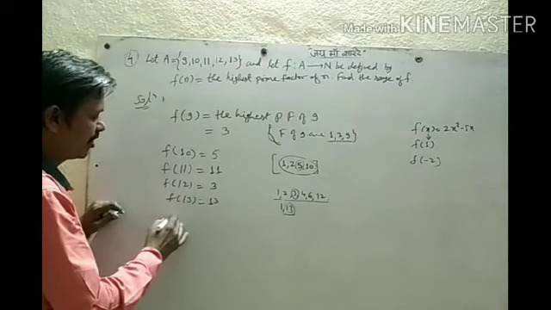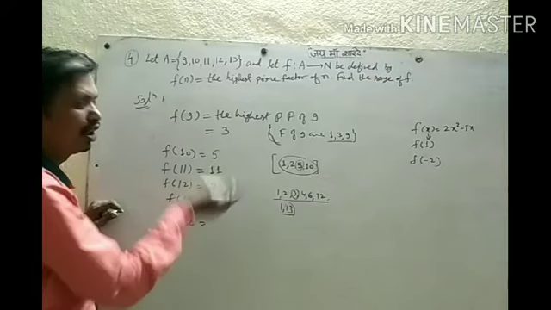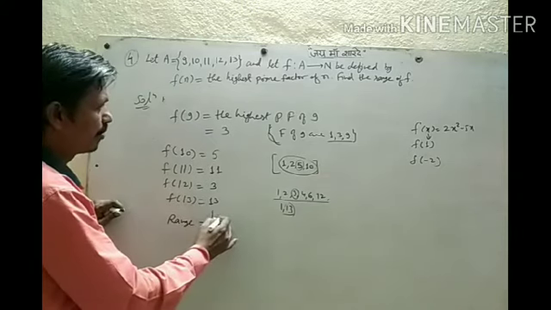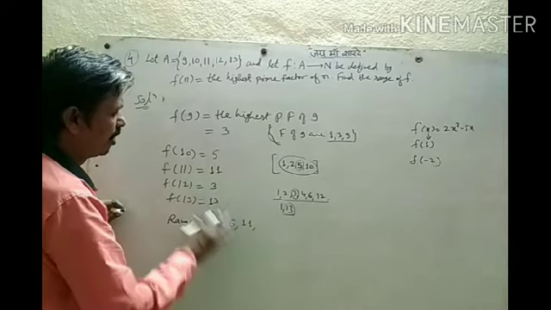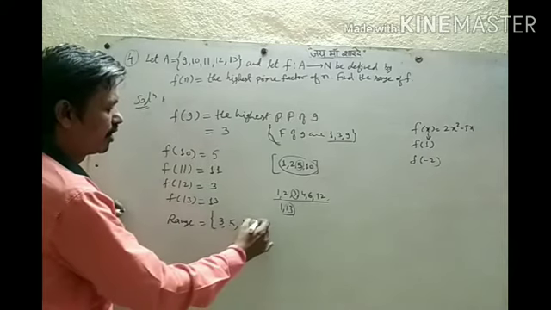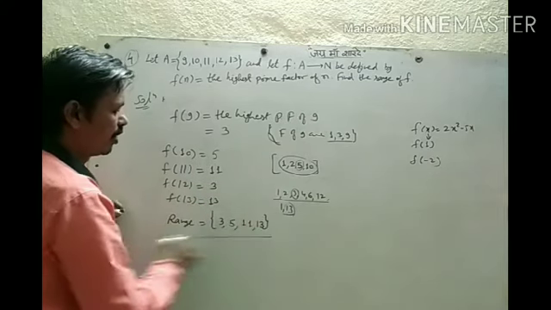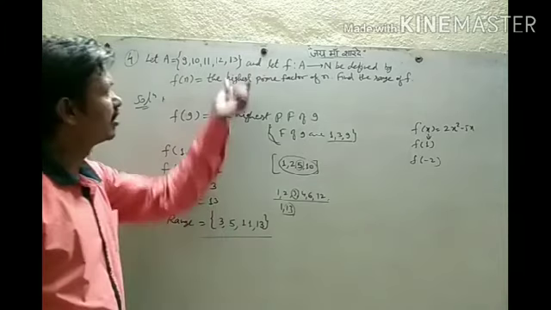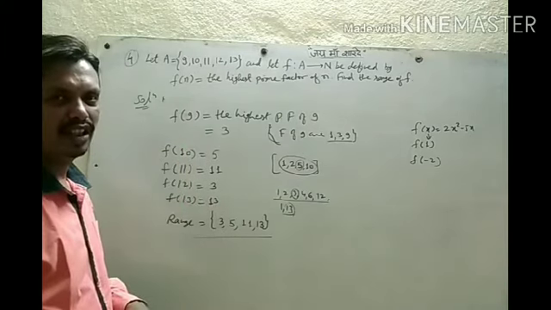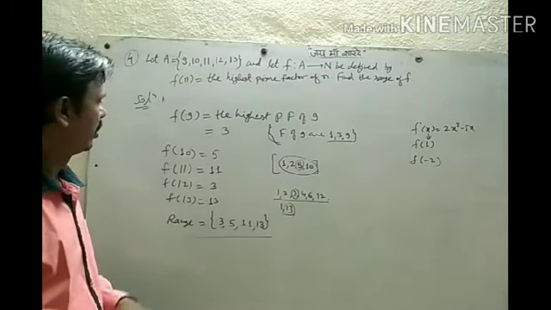So what is the range? The set of all images: 3, 5, 11, again 3. 3 we already have, so no need to write it again. So 3, 5, 11, 13 is the range of this function. Okay? Range means the image of these numbers.